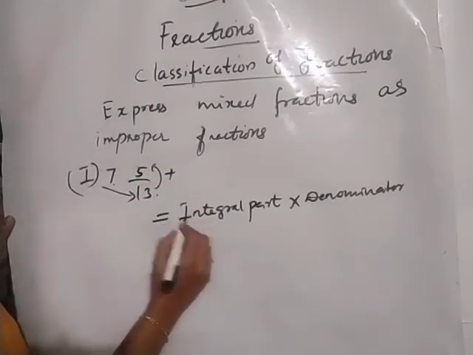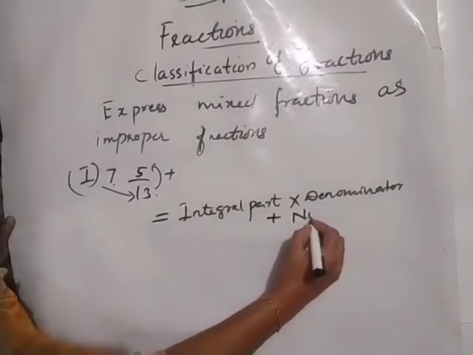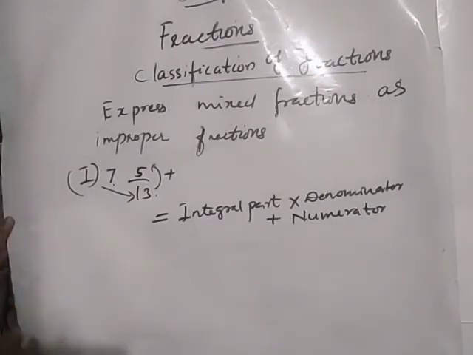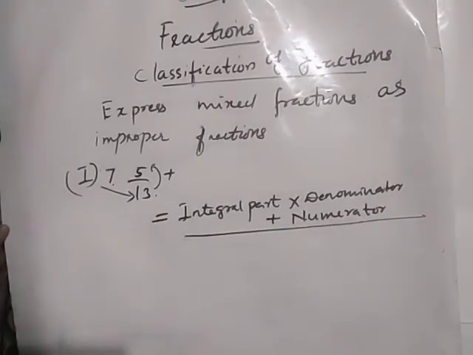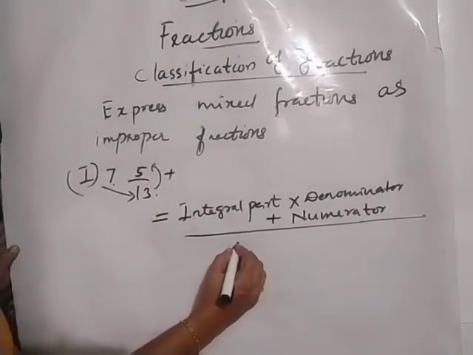First this multiplication, then plus this numerator. That is the numerator of the improper fraction. Now the denominator is the same denominator itself.